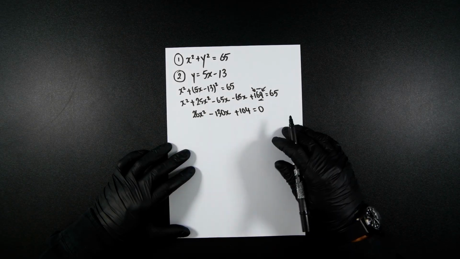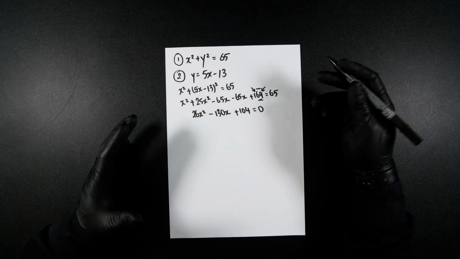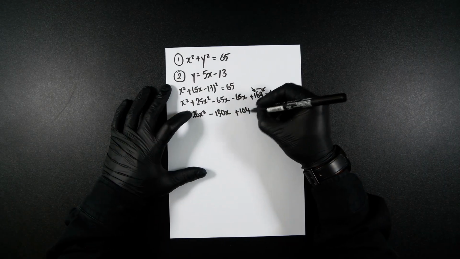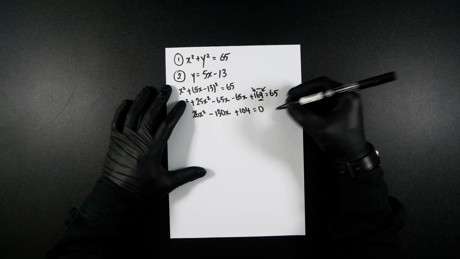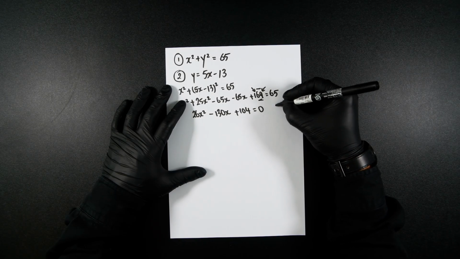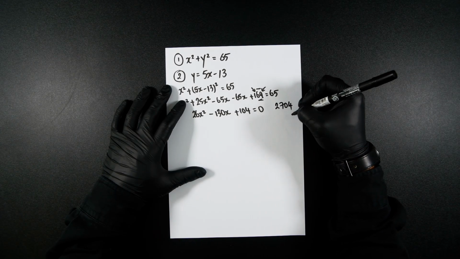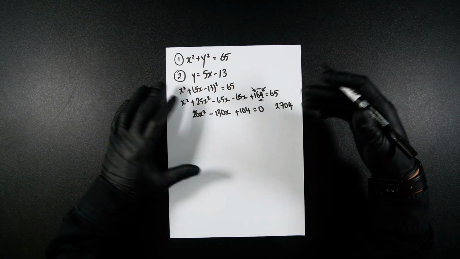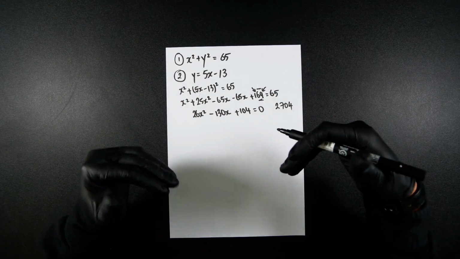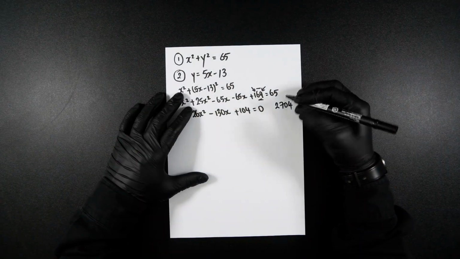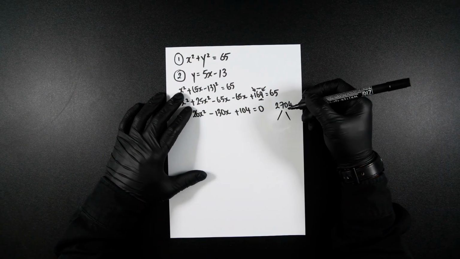We can now solve this by factorising. You do 104 times 26, which is going to be, very obviously, 2,704. If you can't do that in your mind, be better. You would find out what all the factors are for this.